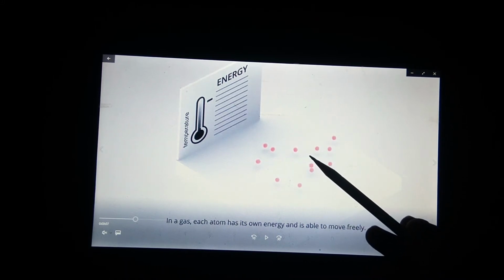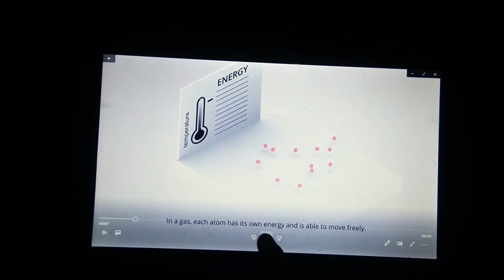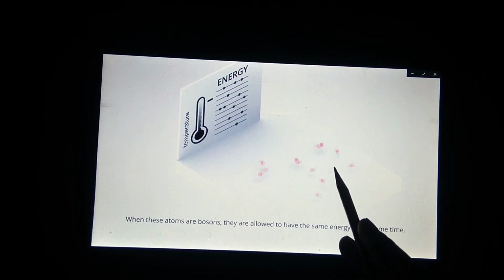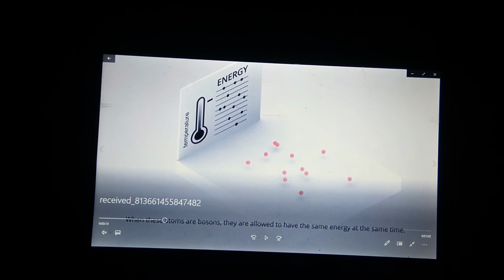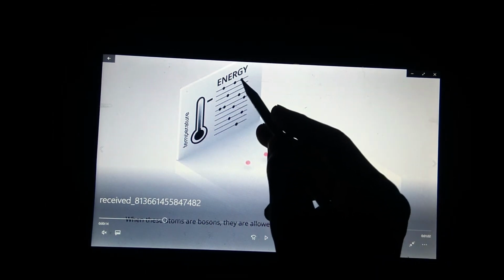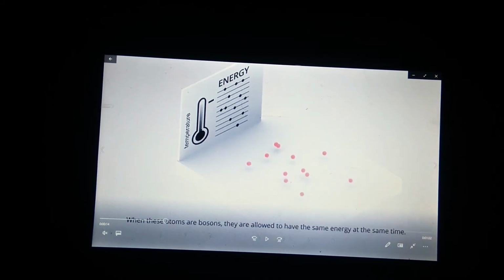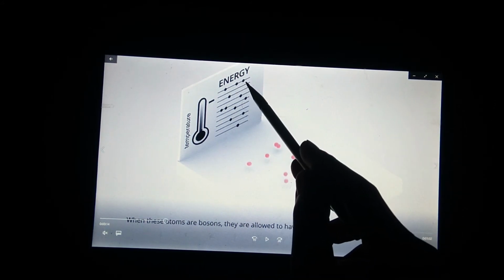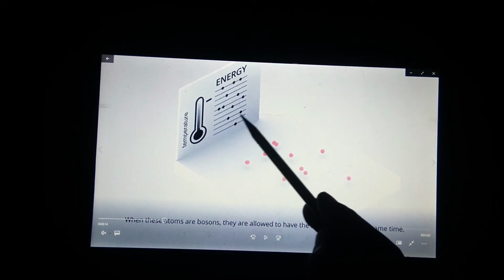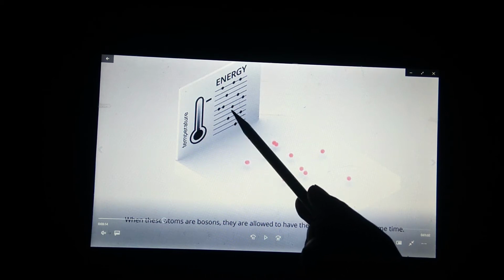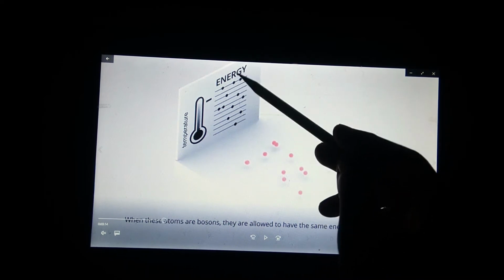They have kinetic energy and are moving randomly everywhere. They have high kinetic energy at high temperature. Let's say these are the bosons, and these are the energy states. At high temperature the bosons are at high energy levels. Some one is at ground state, two are at 3, 4, and like these, they all are at excited states 1, 2, 3, 4, 5 respectively.